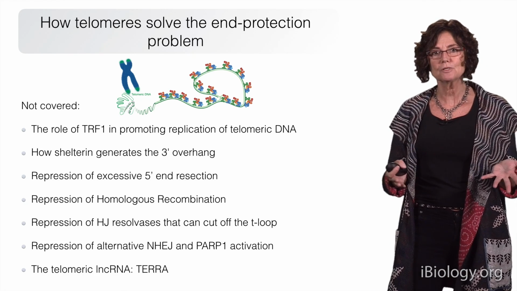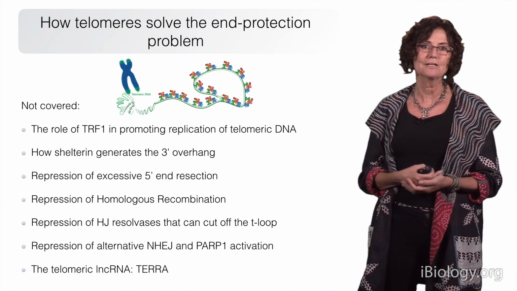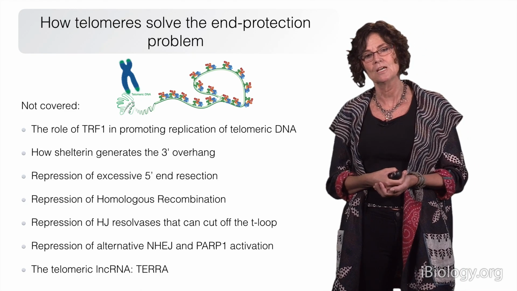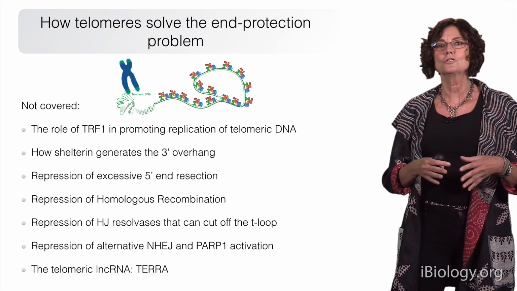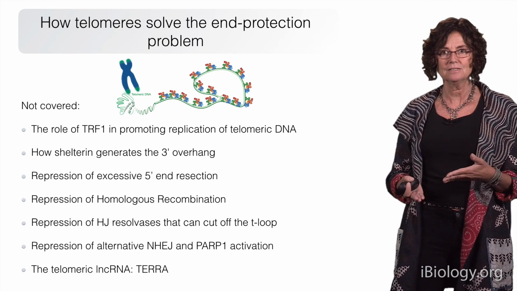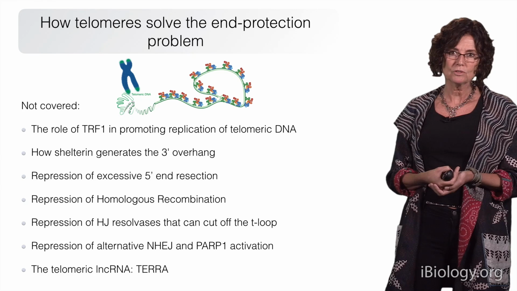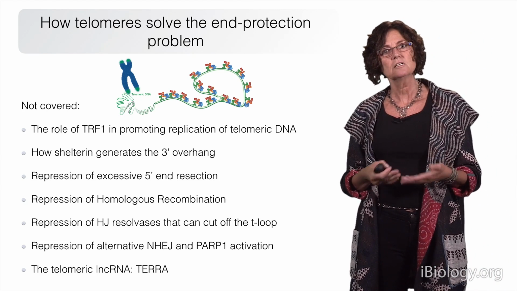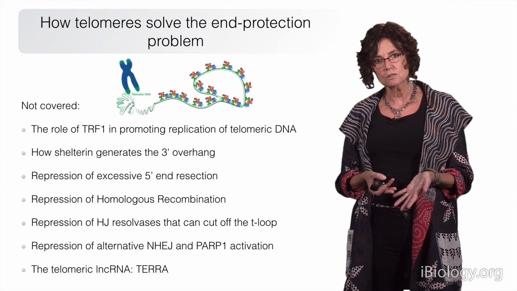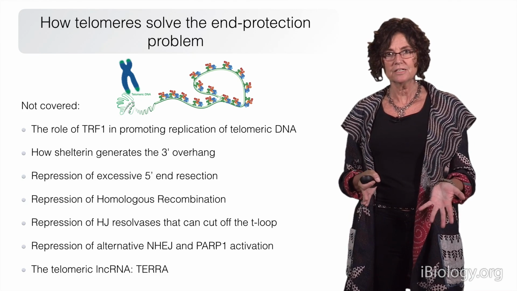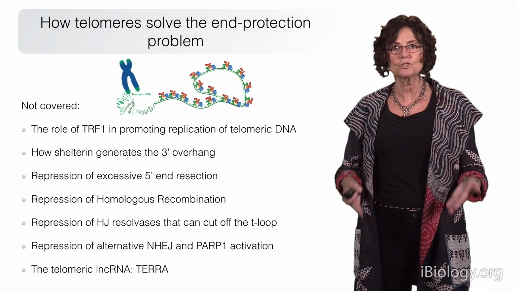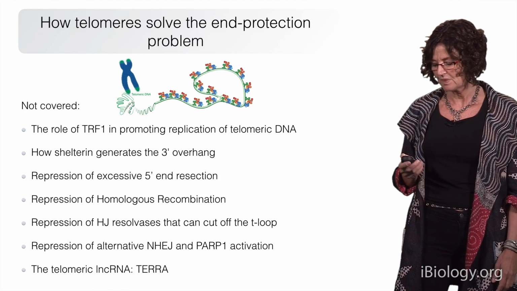I haven't told you about alternative non-homologous end joining and PARP activation at telomeres. And lastly, the whole story I told you about telomeres is a story of DNA and protein, but it leaves out one component. It turns out telomeres are transcribed into a long non-coding RNA, called TERRA, that undoubtedly has an important function at telomeres. We just don't know yet how it works.